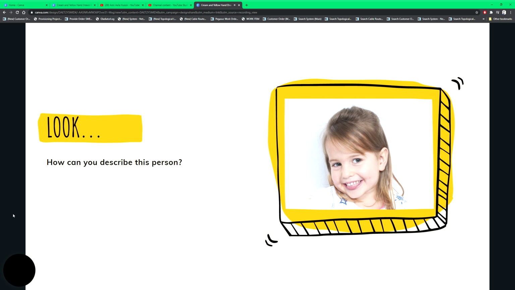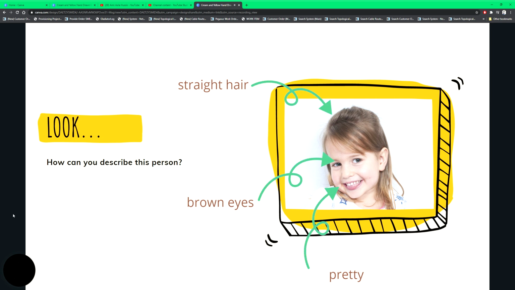Yes, it's straight hair. And what about the color of her eyes? Yes, it's brown. So you can say she has got brown eyes. She has got straight hair. And what else can you say about her? Right, she's pretty, isn't it?